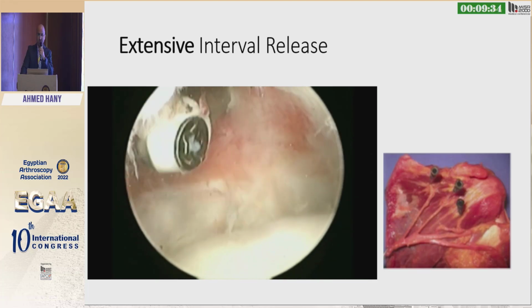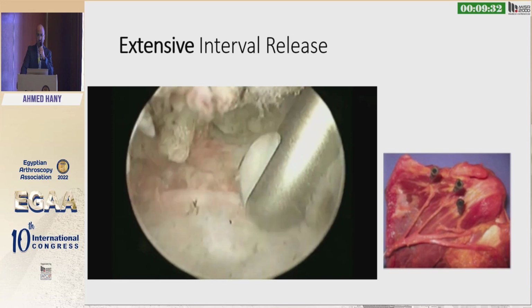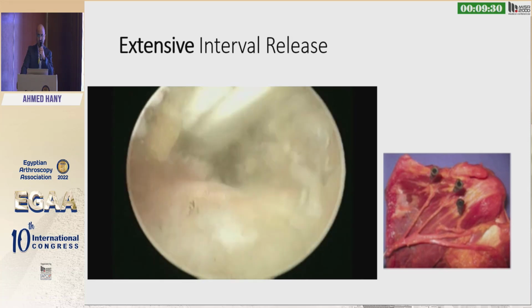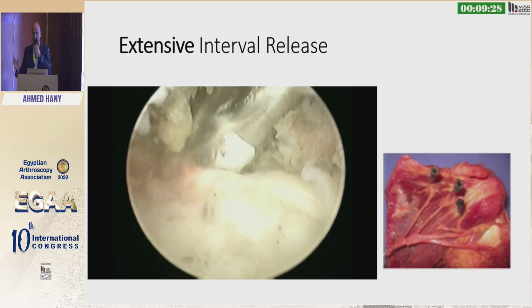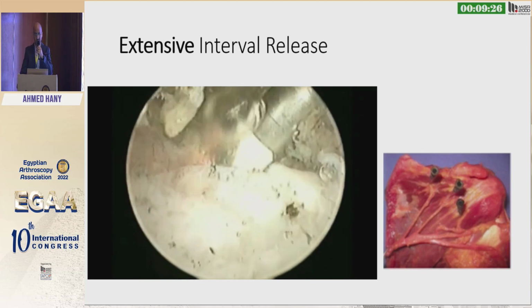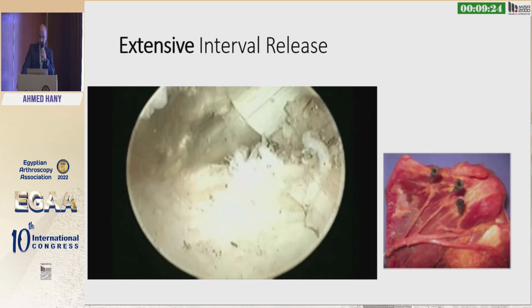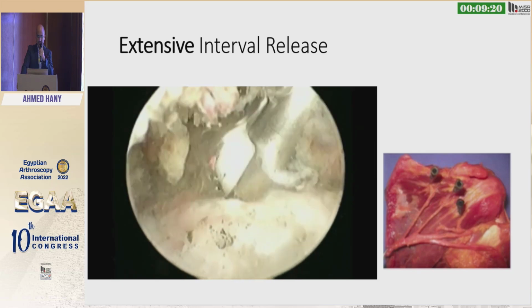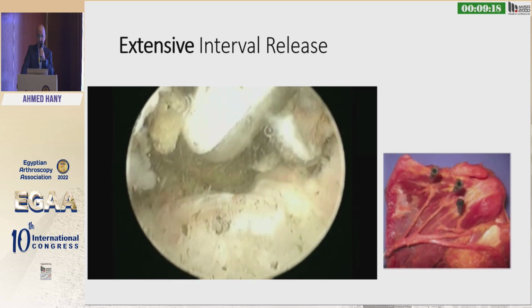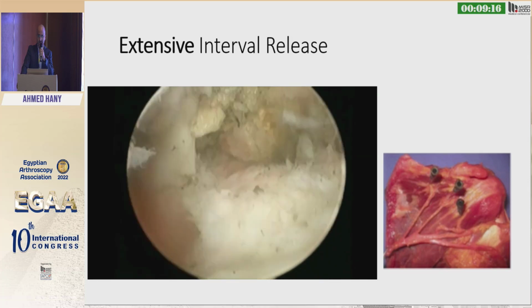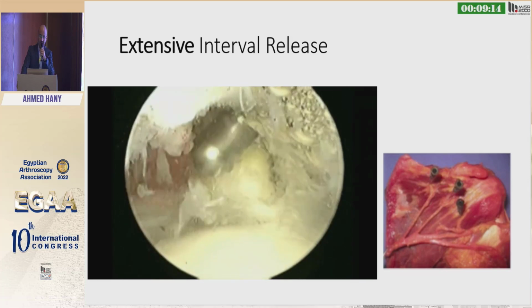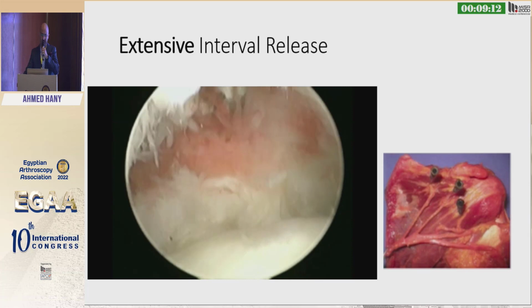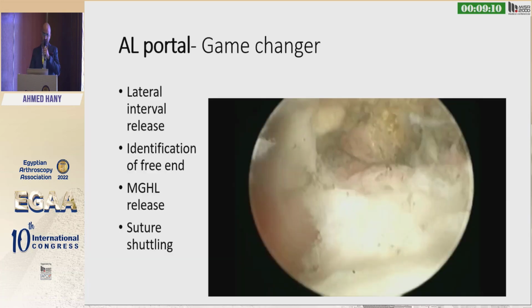The release part is what makes the surgery much easier. It should continue all the way to the lateral part of the tear, and you should release the footprint as well. Sometimes there's a lot of fibrous tissue. Be a little bit aggressive and don't worry about it.